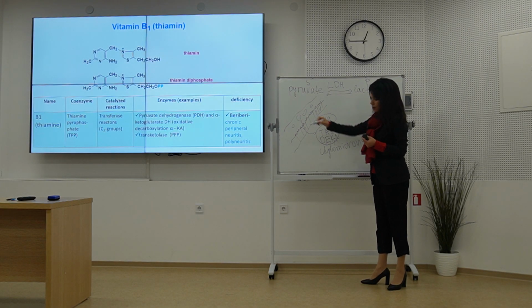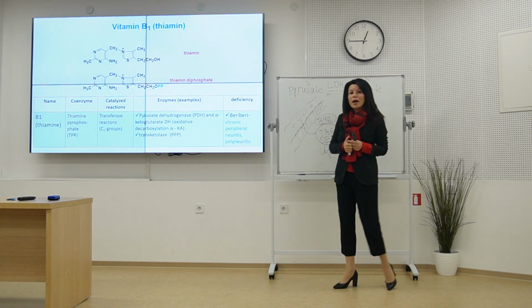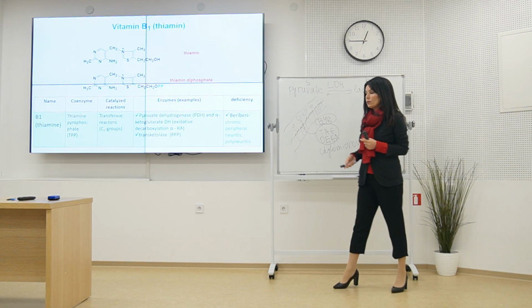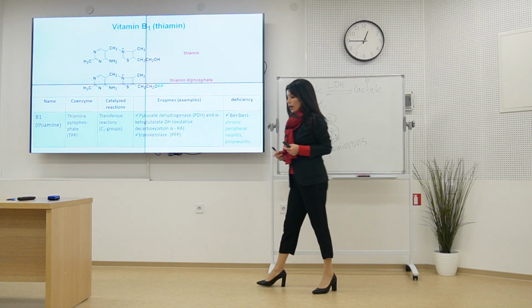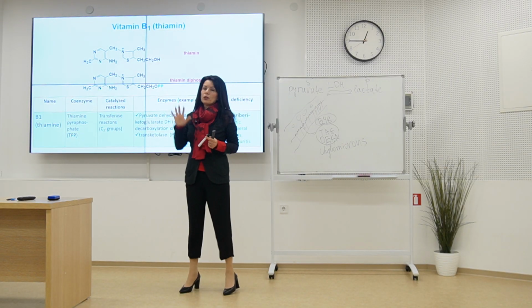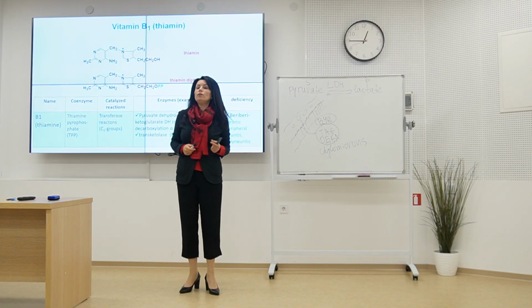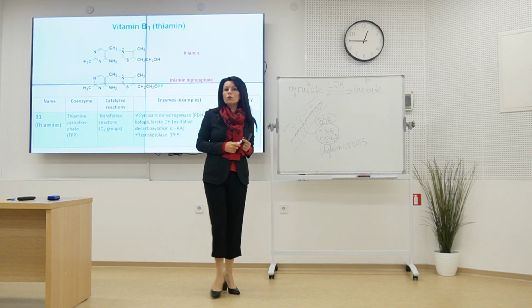All this particle is called lipoprotein because of the combination between lipid and protein part. And there are 5 types of lipoproteins. One of them is this one, which is called chylomicrons.